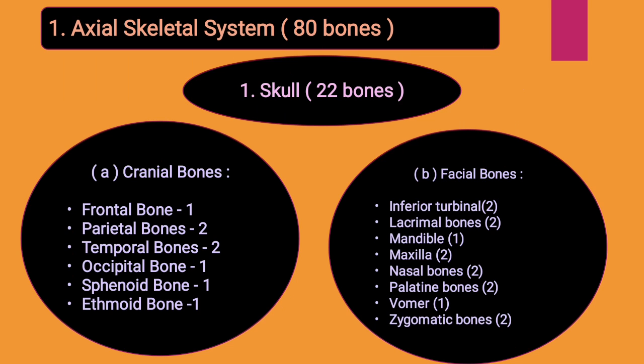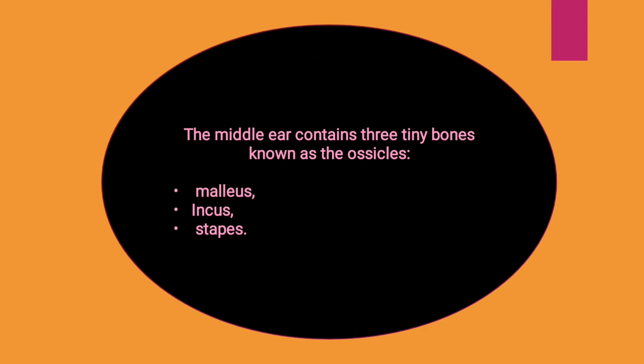In cranial bones, frontal bone 1, parietal bones 2, temporal bones 2, occipital bone 1, sphenoid bone 1, ethmoid bone 1, and in facial bones, inferior turbinal 2, lacrimal bones 2, mandible 1, maxilla 2, nasal bones 2, palatine bones 2, vomer 1 and zygomatic bones 2. After that, the middle ear contains 3 tiny bones which are known as ossicles: malleus, incus and stapes.